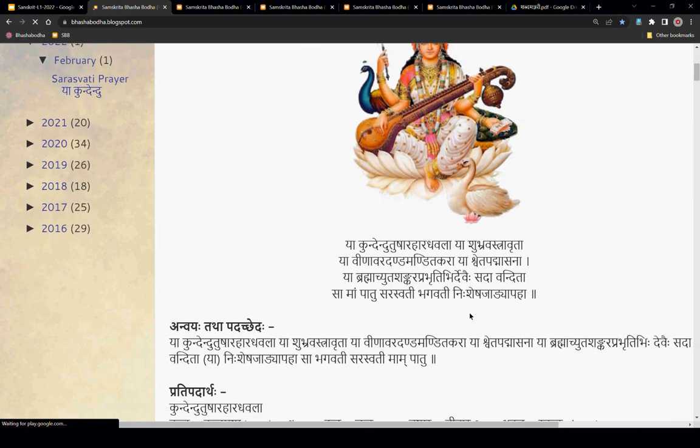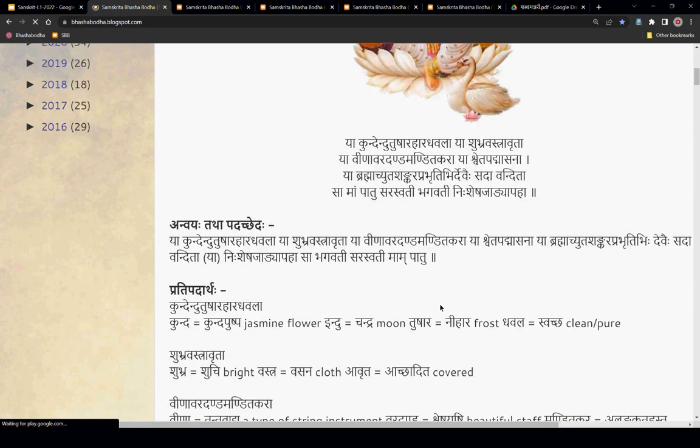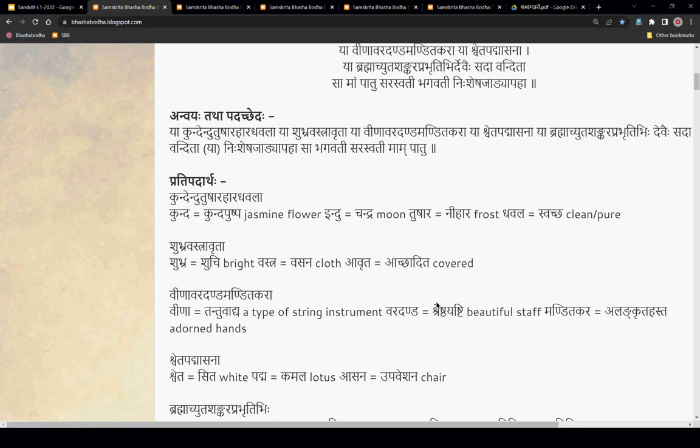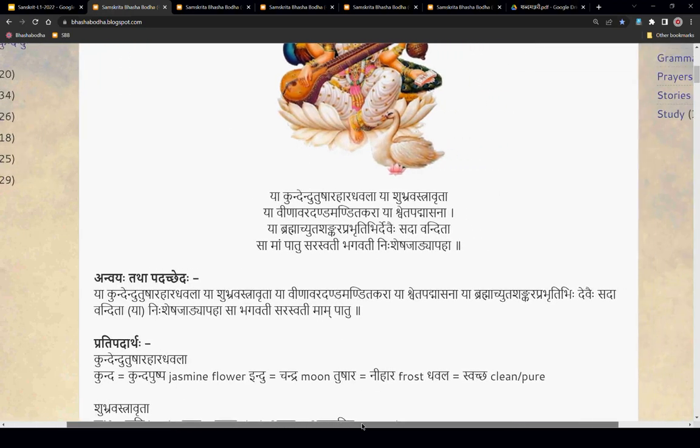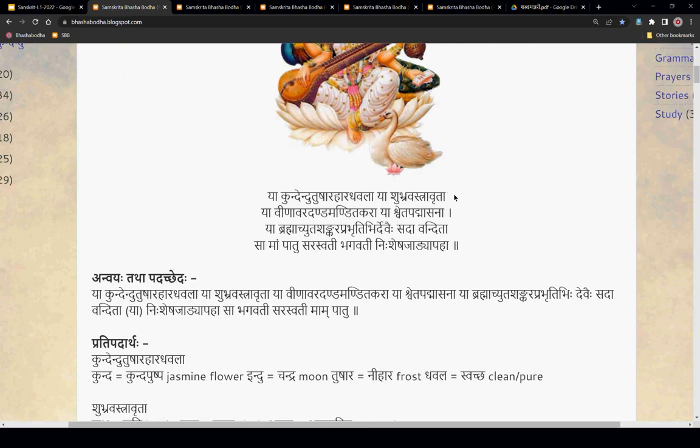This also has 4 lines. But though it is written like this, Ya kundendu tushara dhavala, Ya shubhravastravruta, Avina. Writing can be in 2 lines, but actually it is one single line, or one charana, what is called in shloka. After one whole charana, there is a break. While reading there is a break in shloka.